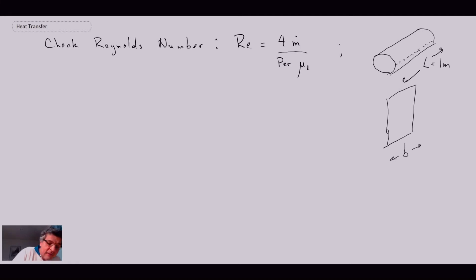With that, we're going to begin with the top tube. For the top tube, I'm going to use the mass flow rate in kilograms per second, and divide by all 400 tubes, because that tells me the mass flow rate for an individual tube.